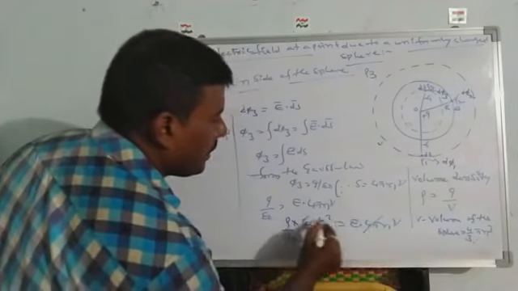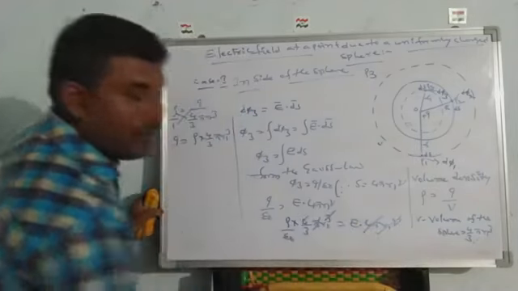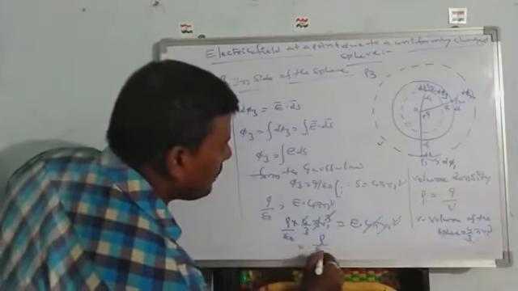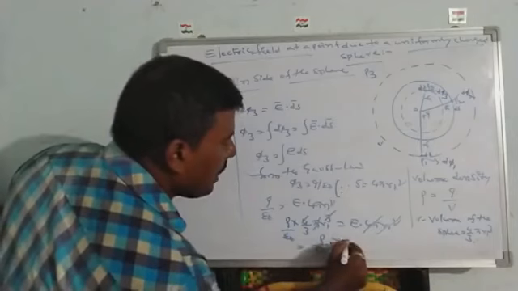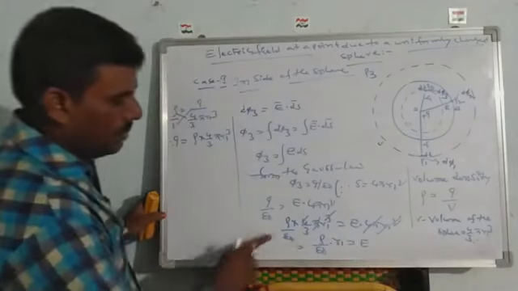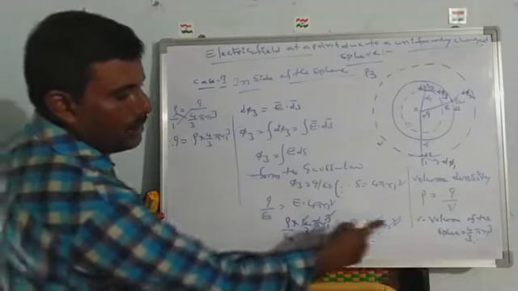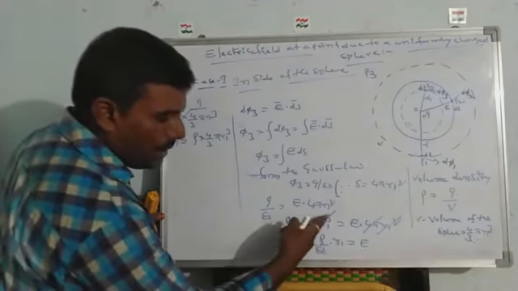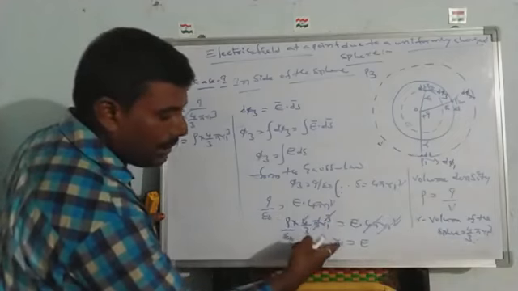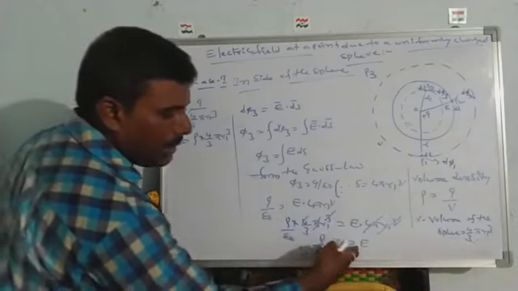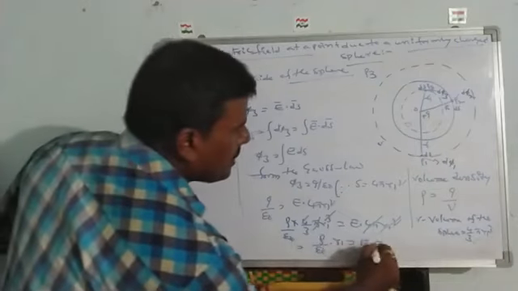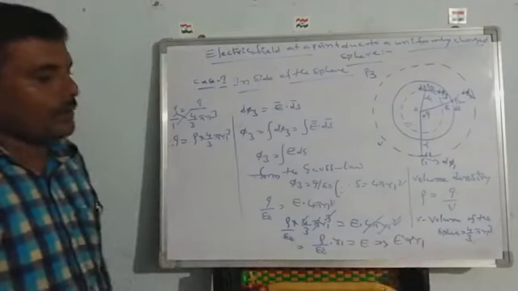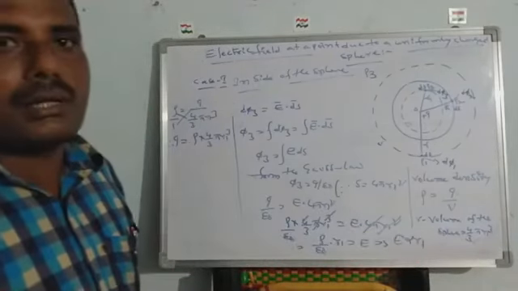Cancelling 4 pi and r1 square from r1 cube, what is the value? Rho by epsilon naught into r1 equals E. So rho by epsilon naught into r1 is remaining. That means E is proportional to r1.